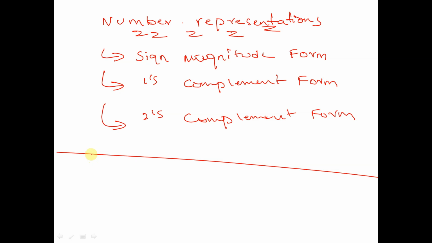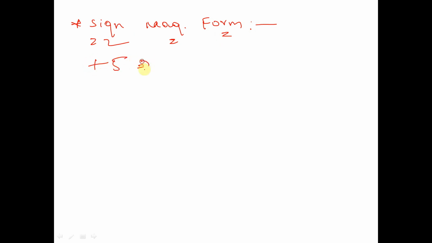Coming to sign magnitude form, the MSB represents the sign and the remaining bits are its magnitude. If we want to represent plus 5 in binary in sign magnitude form, then for plus we will use the symbol 0, and for minus we will use the symbol 1.